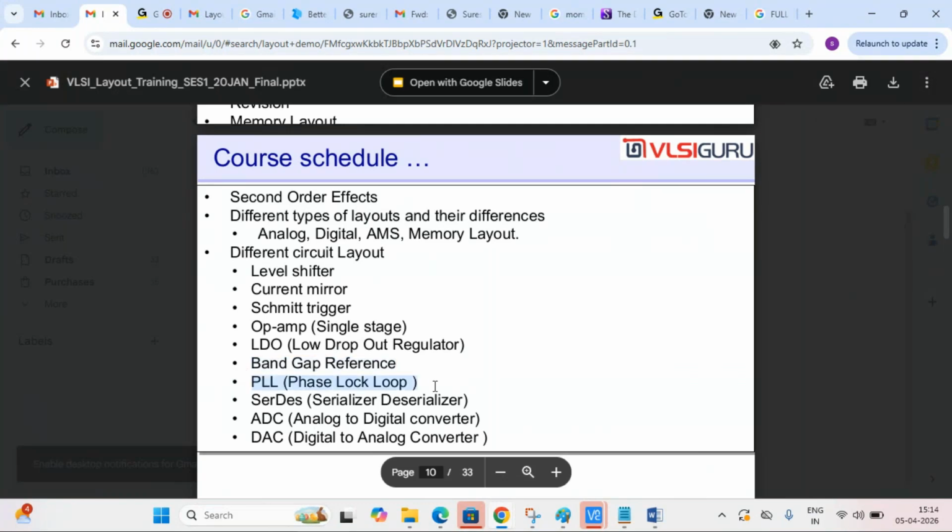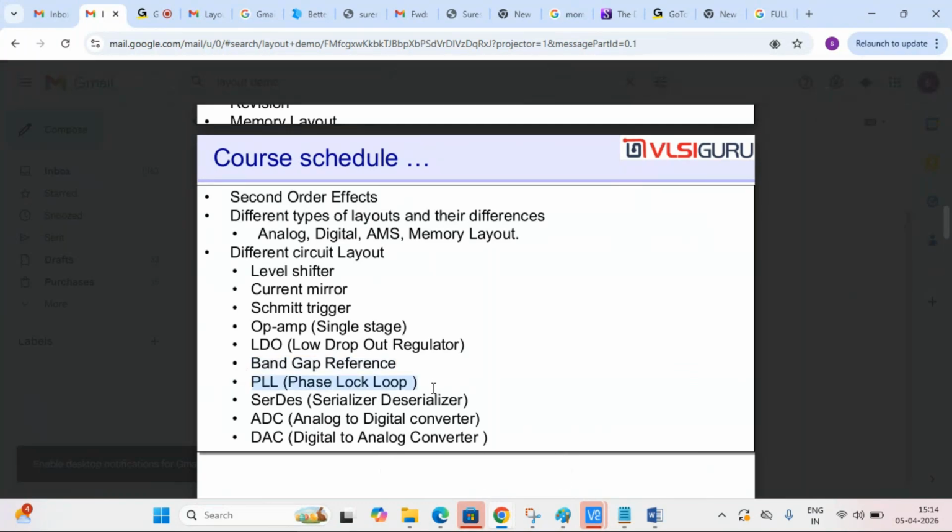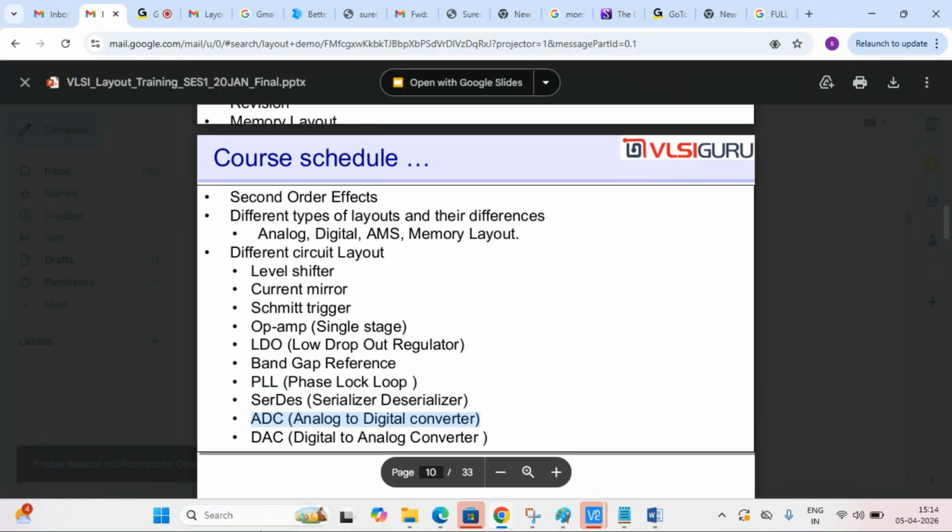PLL, if you are seeing high frequency in terms of gigahertz, the PLL will generate it. Serializer: this pen drive, some memory data will be transferred at high speed, then a serializer, SerDes, will be required. ADC: any signal converted from analog to digital or digital to analog, that is the ADC application.